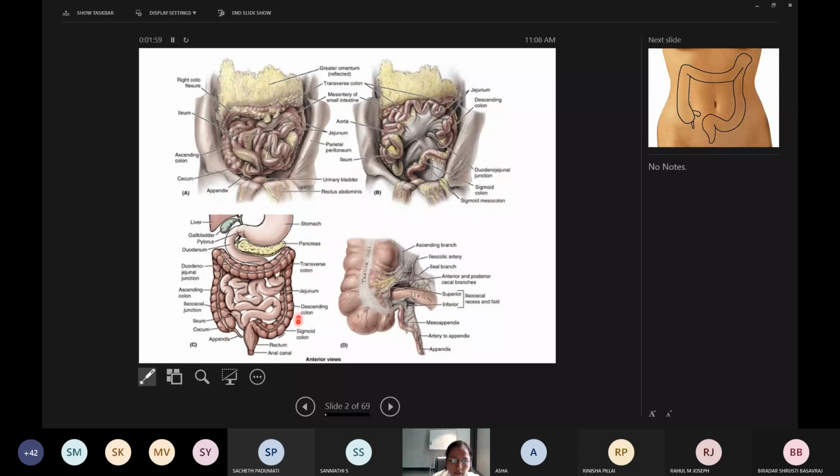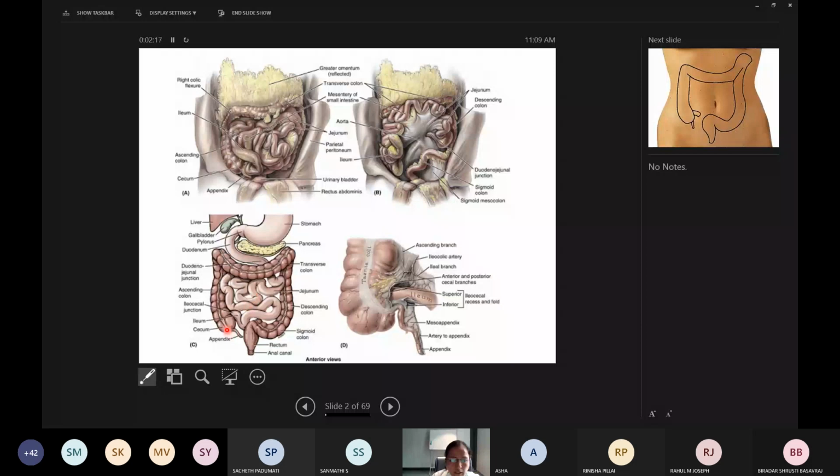So this whole part constitutes the large intestine. It is very long, of high caliber, around 150 centimeters, or 6 feet, or 1.5 meters long. That is the dimension of the large intestine.